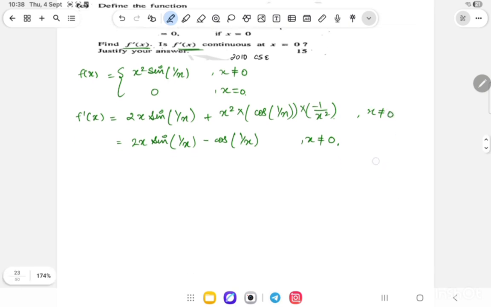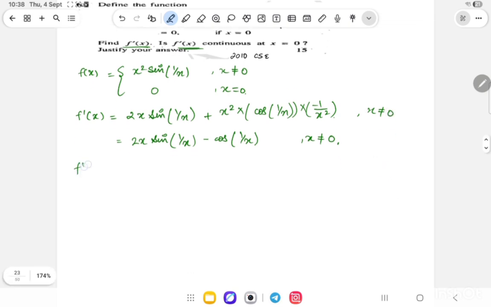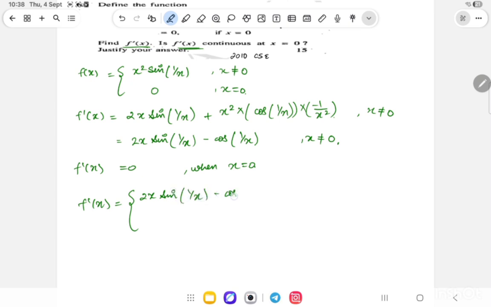And when x is equal to 0, f dash x is equal to 0. So my f dash x is equal to 2x sine 1 by x minus cos 1 by x when x is not equal to 0, and 0 when x is equal to 0. So this is my f dash x.